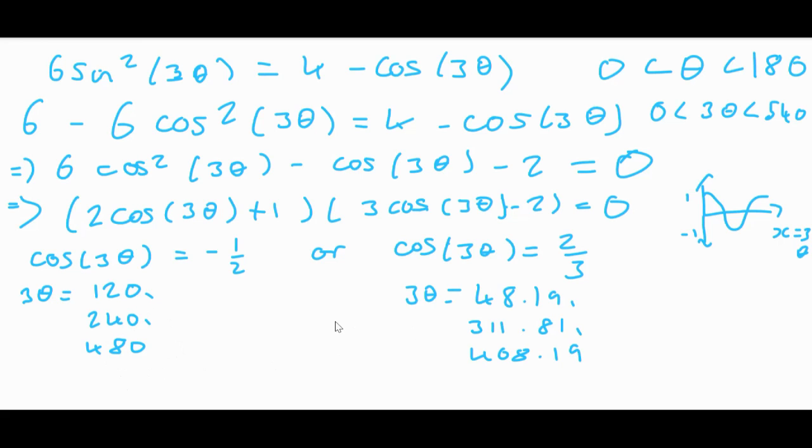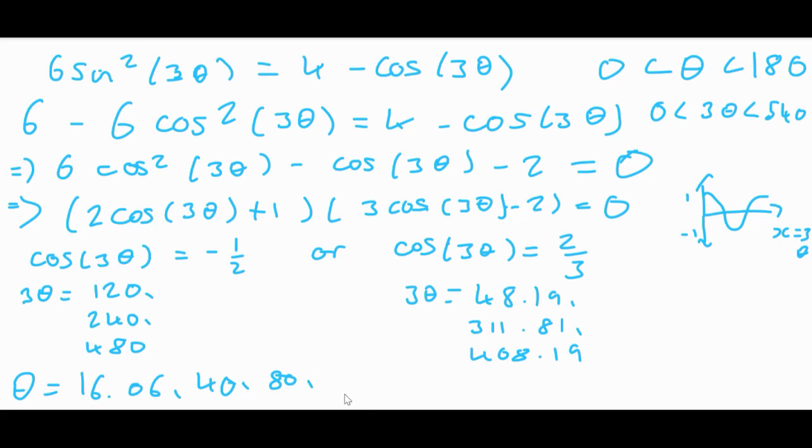And then all we do is divide every single one of these solutions by 3. So theta is equal to 16.06. That's dividing this one. 40, 80. That's dividing these two. I'm just writing them in ascending order.